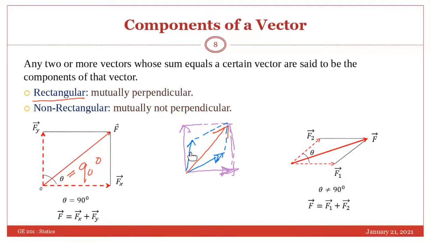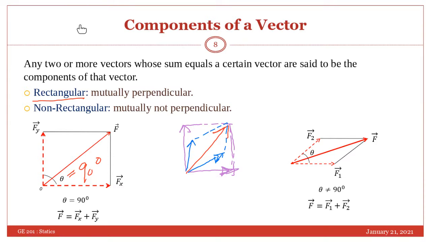And those which are shown by the sky blue color are the non-rectangular components of the same vector. So for the same vector, you can have rectangular components as well as non-rectangular components. Okay?